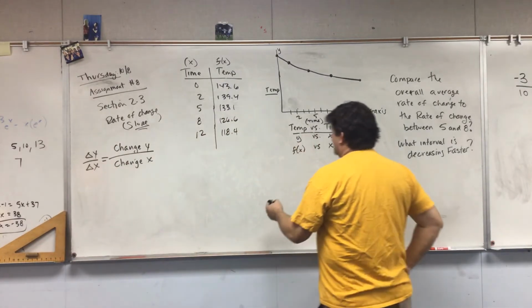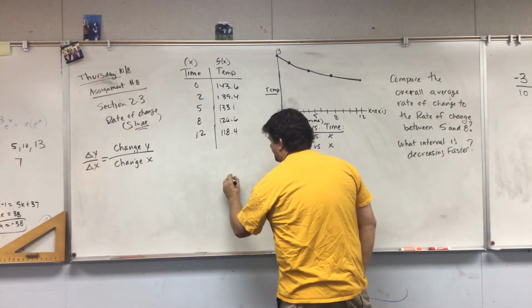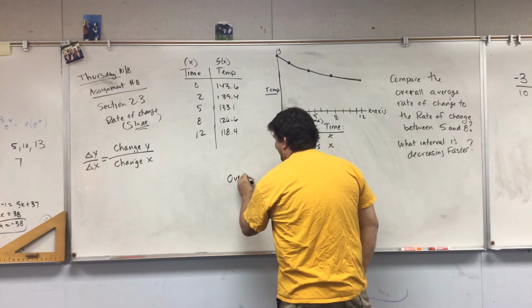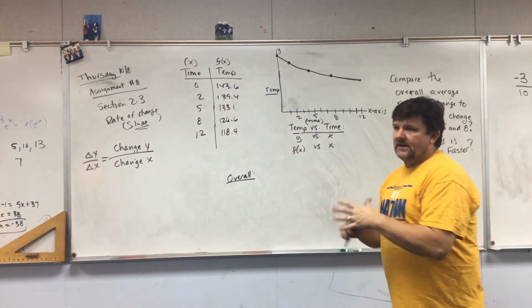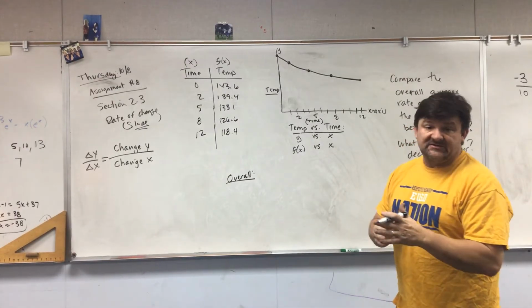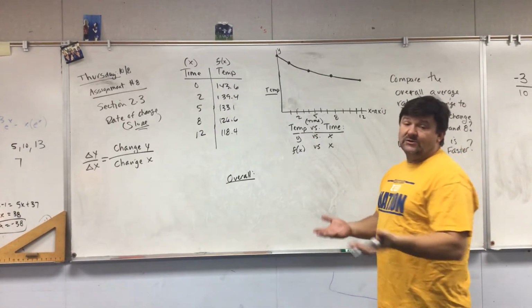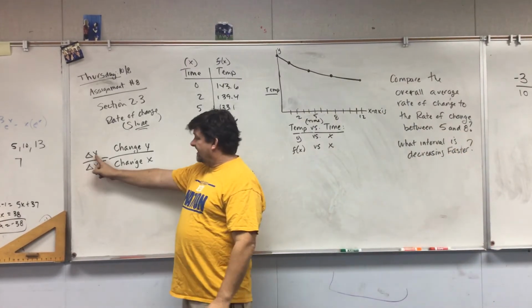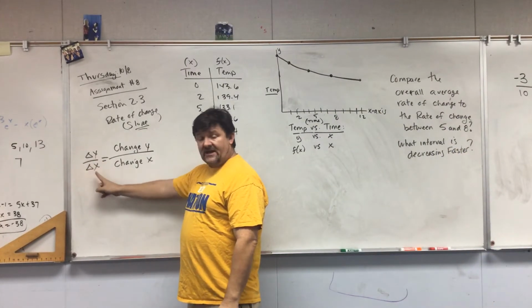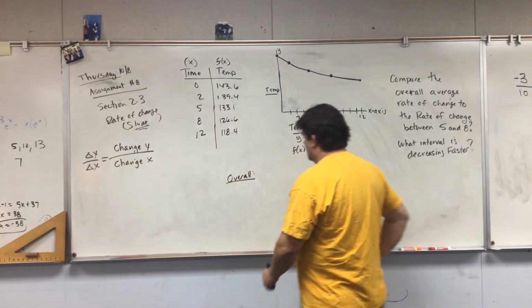So I'm going to take the first one. This is the overall. And I am not going to give you the formula y2 minus y1 over x2 minus x1. I don't use that formula. I just use what it says here. I need to find the change in y over the change in the x. This is how I do it.